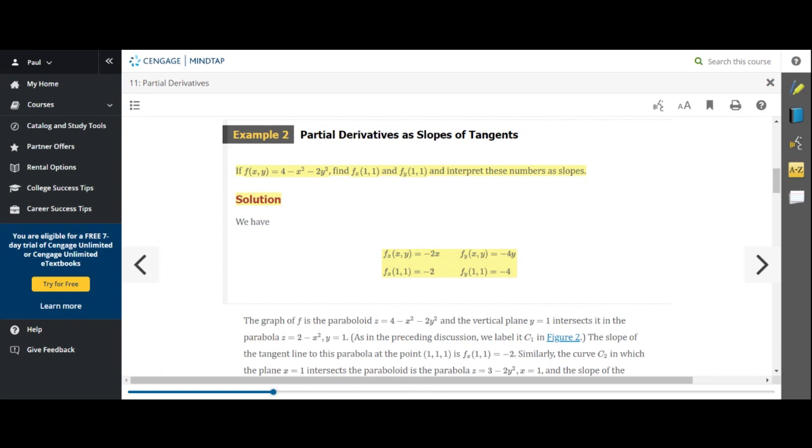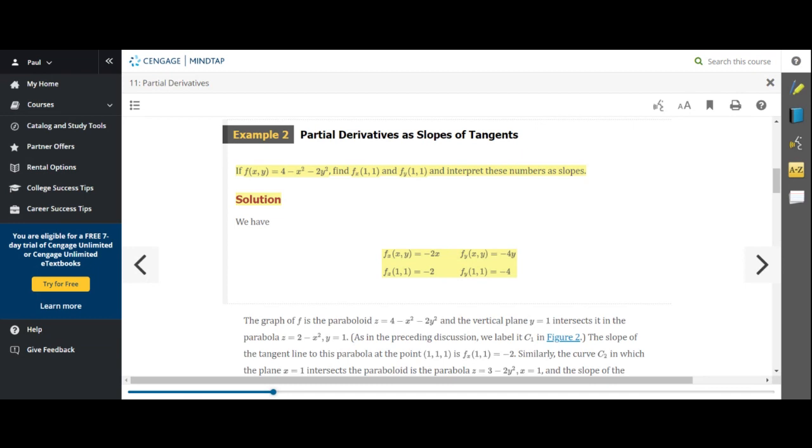And these two partial derivatives: traditionally you've learned that a derivative is the slope of what kind of line? That's right, a tangent line. So the slope of a tangent line at a point on the surface, because this function f(x, y) is a surface.